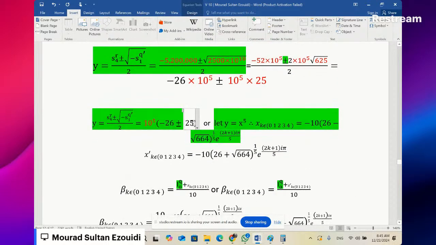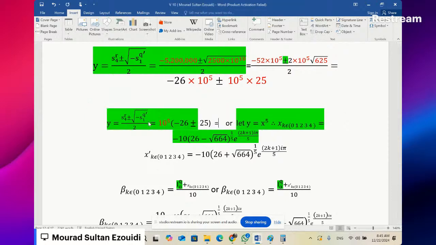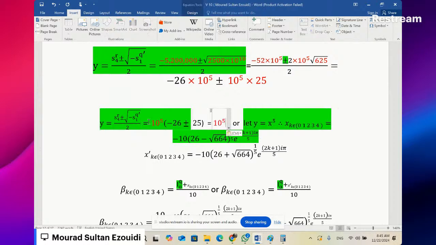I can write it as if it is positive or negative. This one is equal to 10 raised to the power 5. You see, minus 26 plus 25 will be negative 1. Negative 10 raised to the power 5.